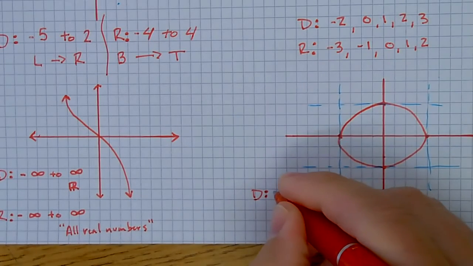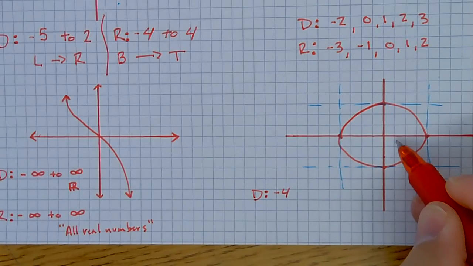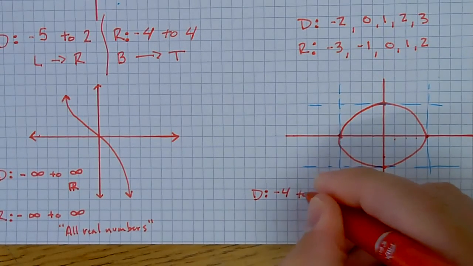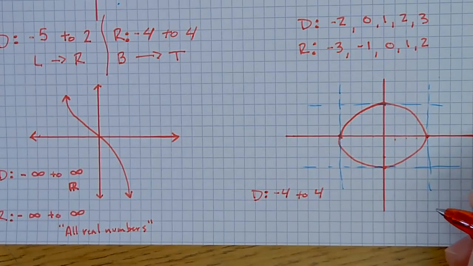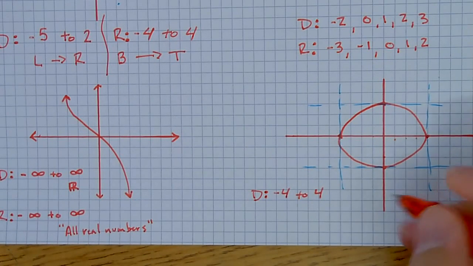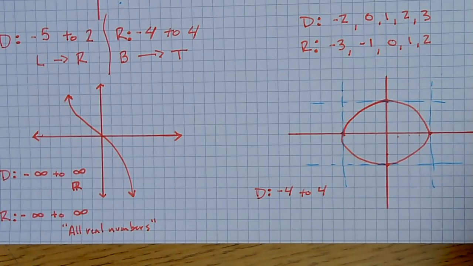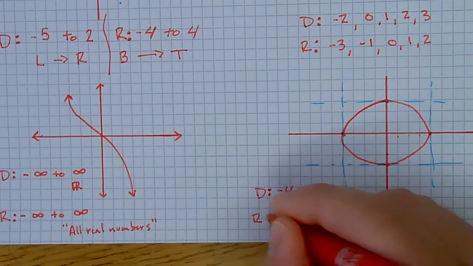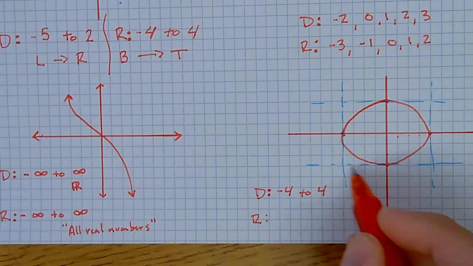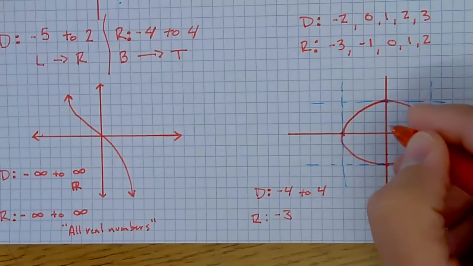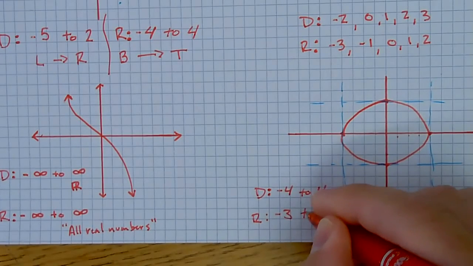So it goes from -4 to 1, 2, 3, 4 to +4. My furthest value to the left, -4, furthest value to the right, +4. My range, lowest value here, 1, 2, 3, is from -3 to 1, 2, 3 to +3.